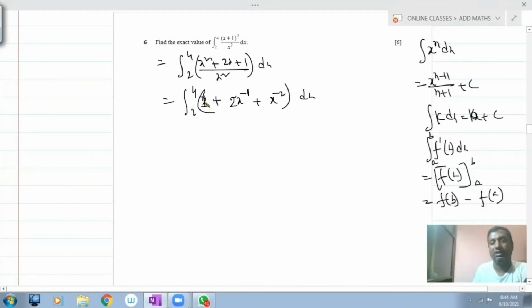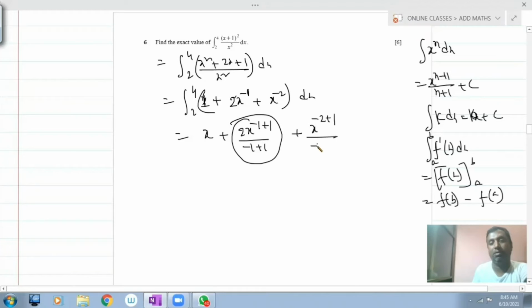dx. Let us integrate. This is a constant, so we can write some constant times x, then 2 times x to the power minus 1. Okay, see, this is the contradictory case. We can apply this formula here with n equals minus 1, x to the power minus 1 plus 1 divided by minus 1 plus 1, but the denominator is 0.